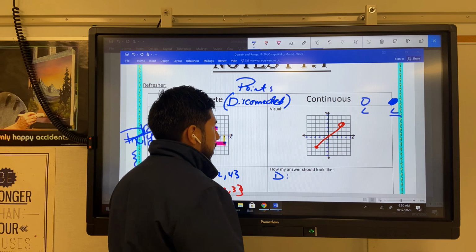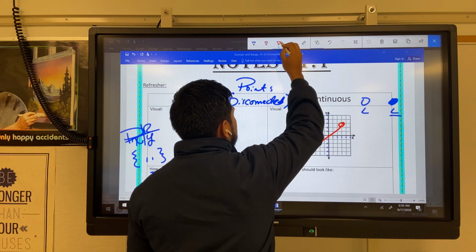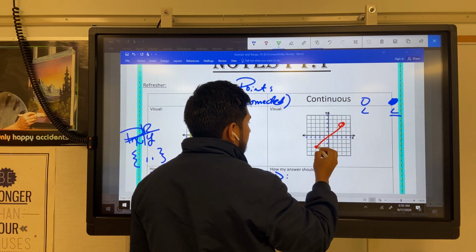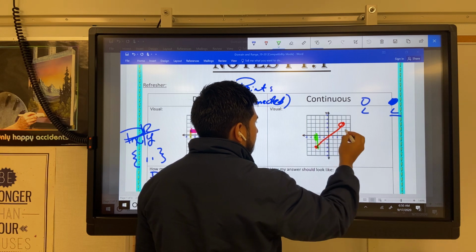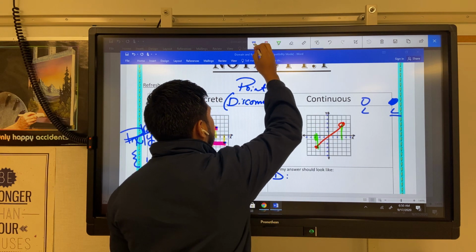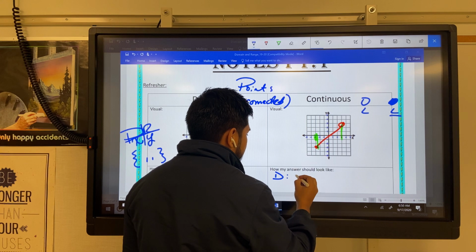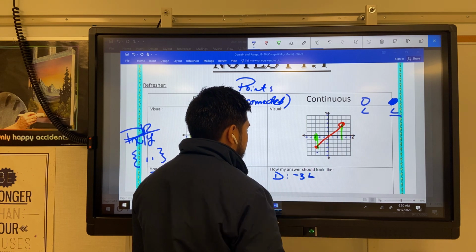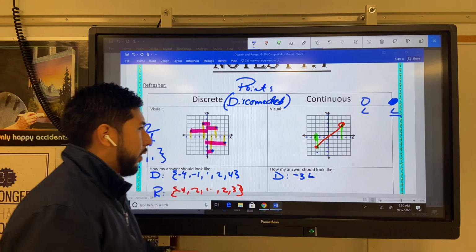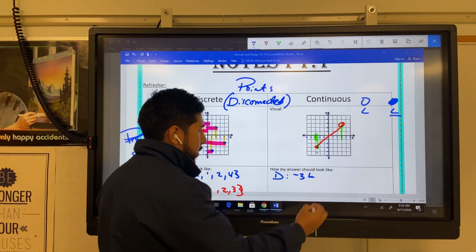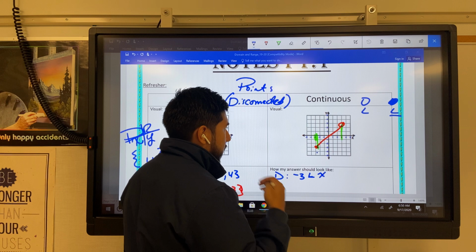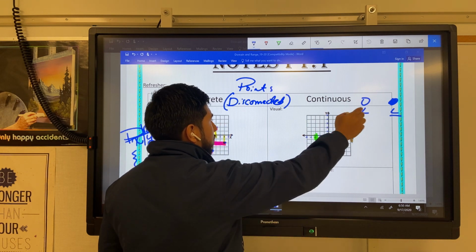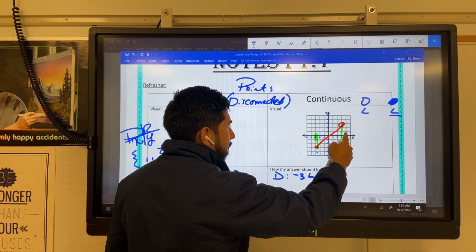But let's start with the number domain. -3 to +3. So I have -3, close circle, less than or equal to. Since it's the domain, don't forget the domain is using my x. Open circle, less than, and then it's on 3.